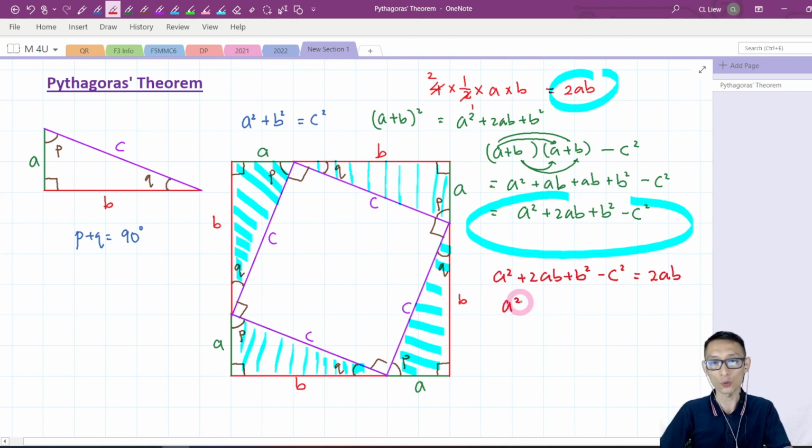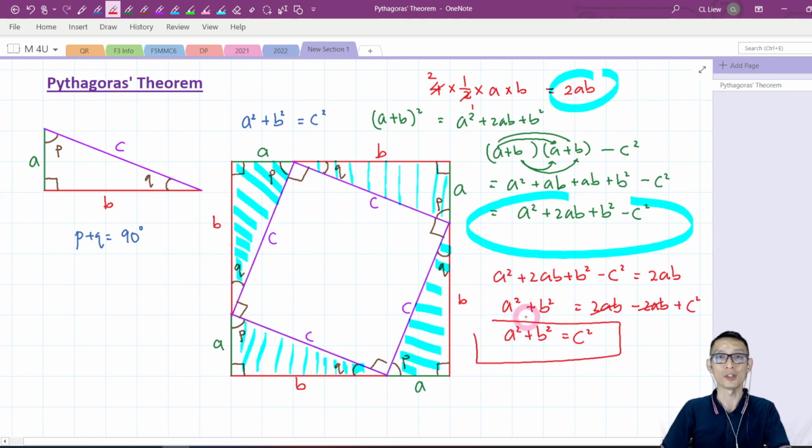So A squared plus B squared is equal to 2AB. I copy first. This one, move it to the other side, becomes minus. Negative C squared, bring to the other side, becomes positive C squared. These two will cancel out each other. Eventually, we will get A squared plus B squared is equal to C squared. So this is how to prove Pythagoras theorem.